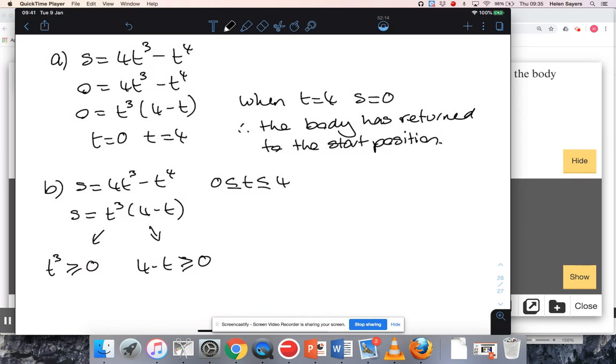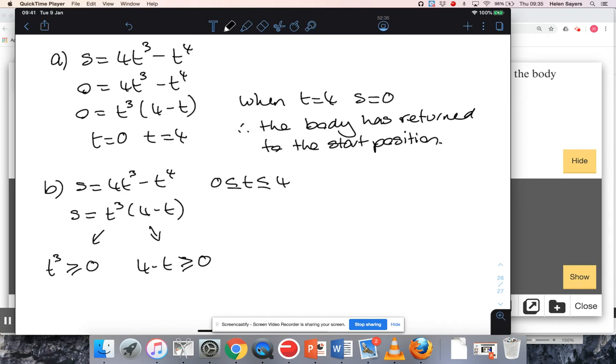So, and then if I think that through, I'm only ever going to have, well, not necessarily a positive times a positive, because they could equal 0, but neither of those is ever going to be negative. So the product of them is never going to be negative. So I just need to think about how I can write that in the shortest way possible while still getting my point across.